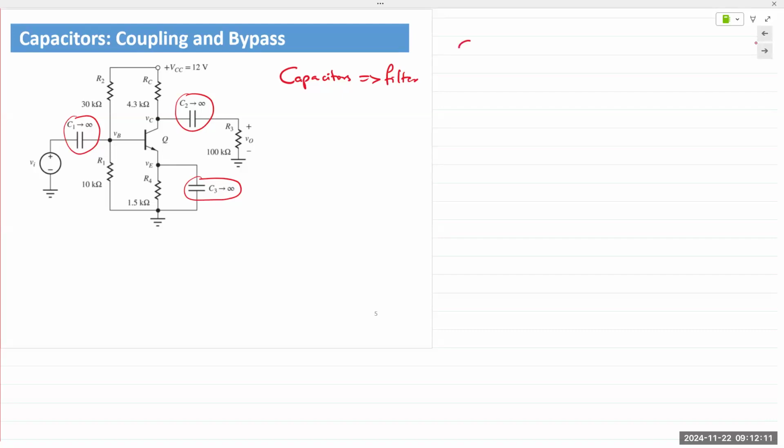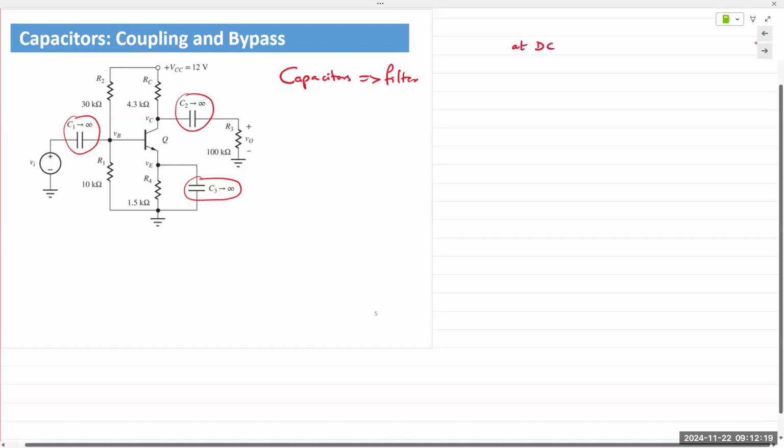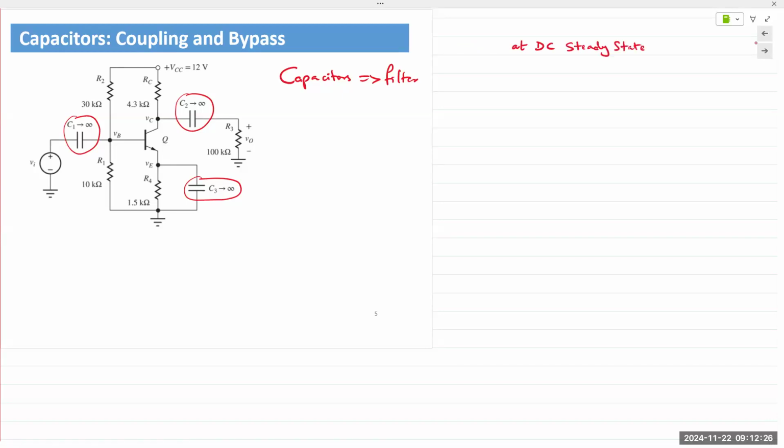So capacitors at DC steady state, the capacitor is going to behave like an open circuit, and it blocks DC signals, right?